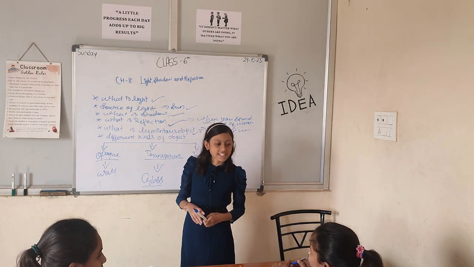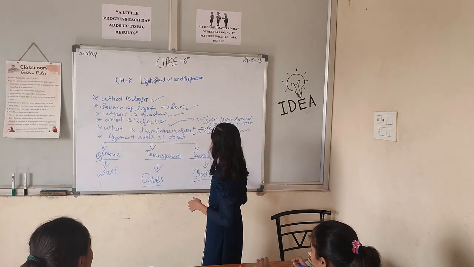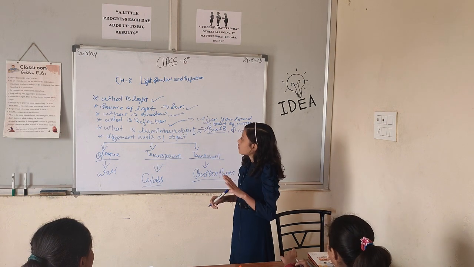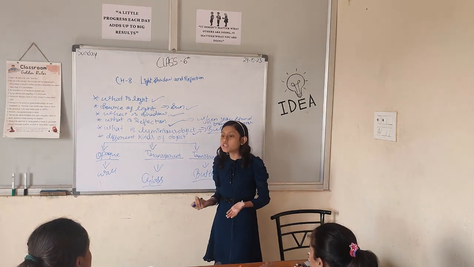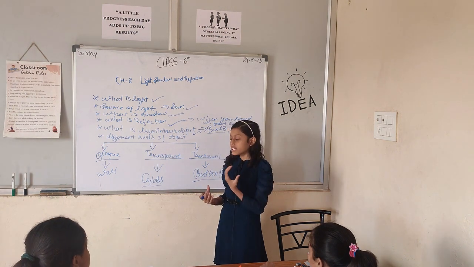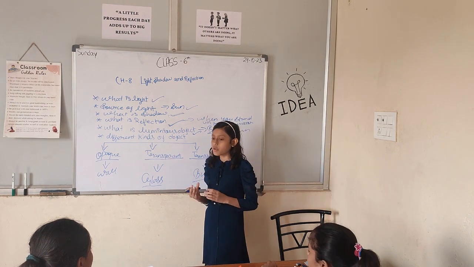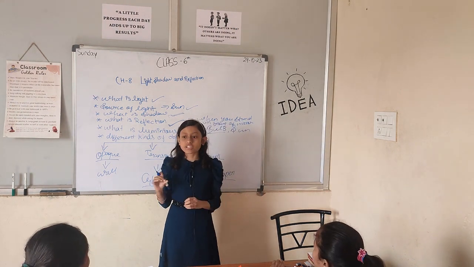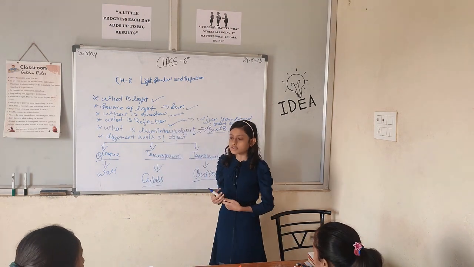Tinted glass is a form of translucent object. Tinted glass is a form of glass through which you can see, but not very clearly. So these are known as tinted glass. Thank you.